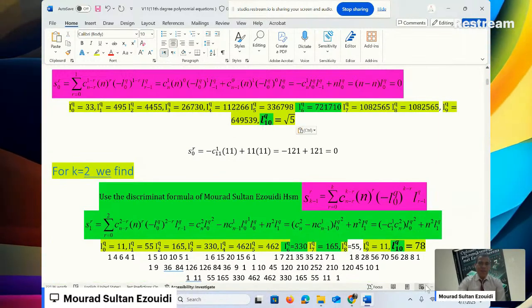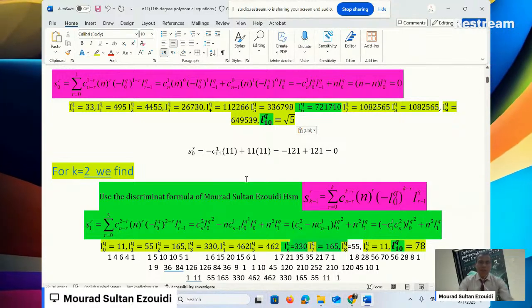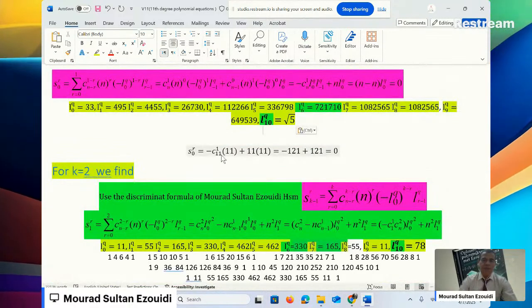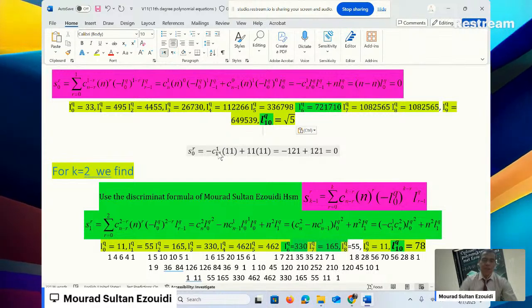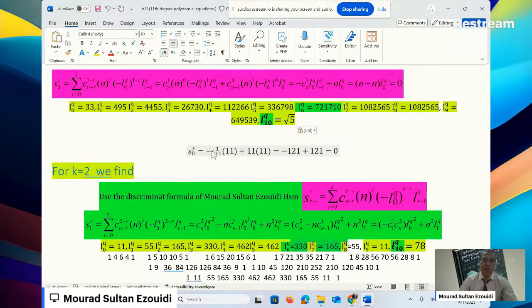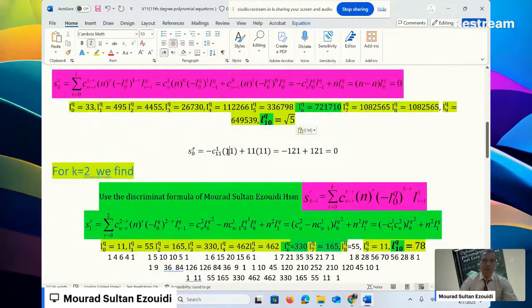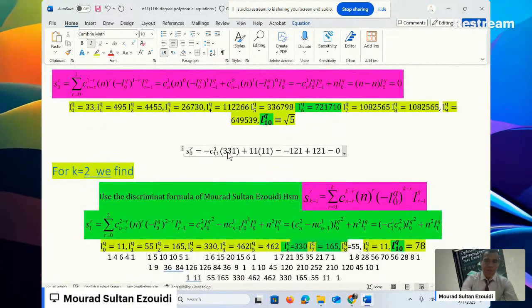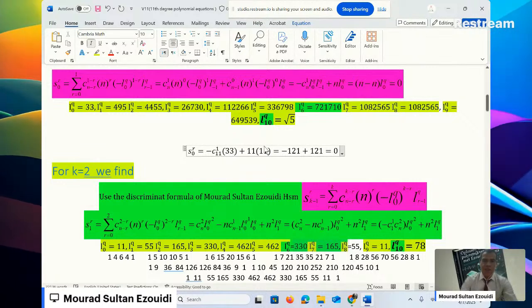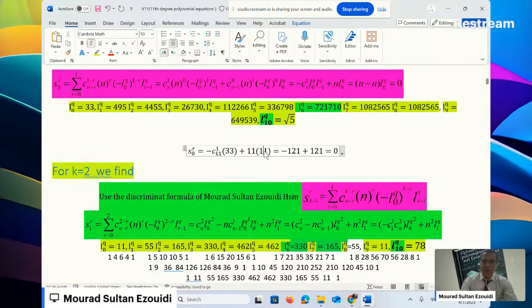Now my kids, S0 for the r equals the sum from r equals 0 of the combination 11 choose 1 times negative 1 times 33, simply because L0 is 33. This one, of course, I'm going to erase.